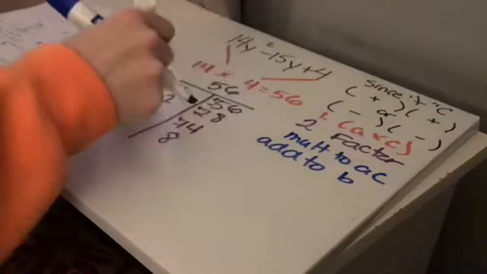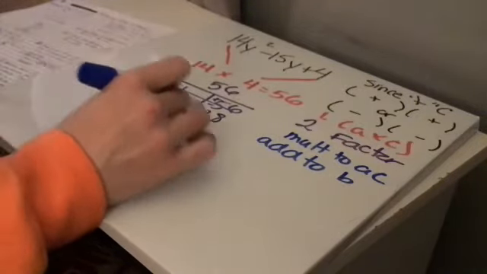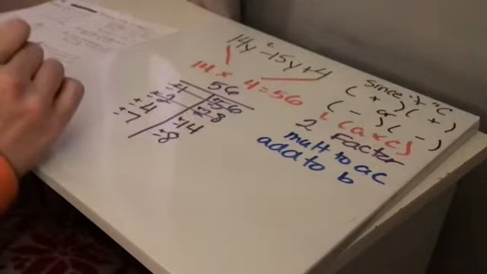B is negative 15. It's positive 56, so it can be both positive or both negative here. Okay, so 1 and 56 don't work. 2 plus 28 doesn't work. Negative 2 plus negative 28 doesn't work.